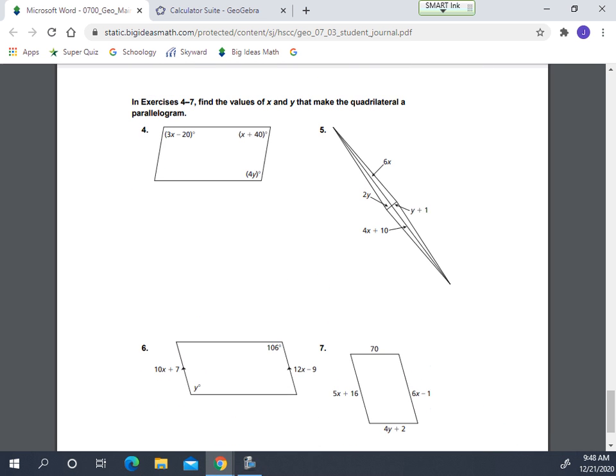Numbers 4 through 7. Find the values of x and y that make the quadrilateral a parallelogram. Well, in order to make the quadrilateral a parallelogram, this angle and this angle have to be supplementary.